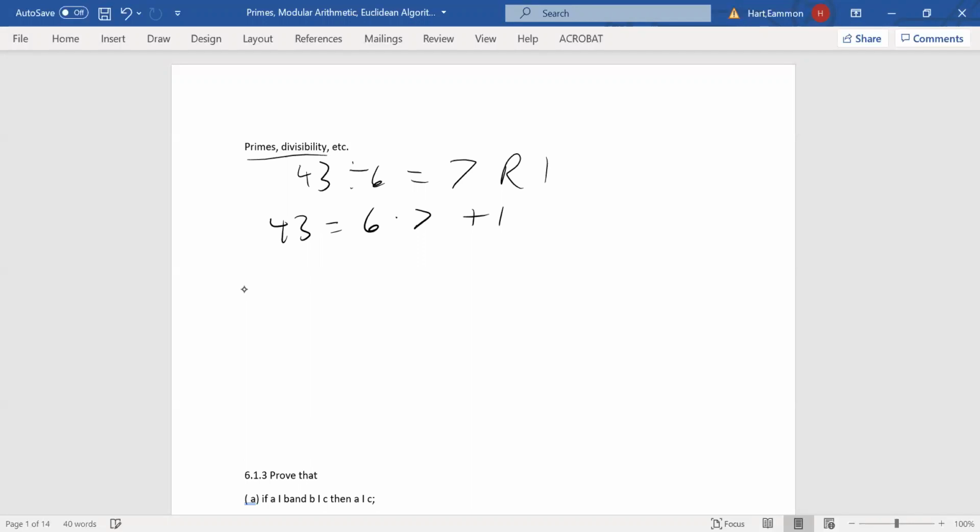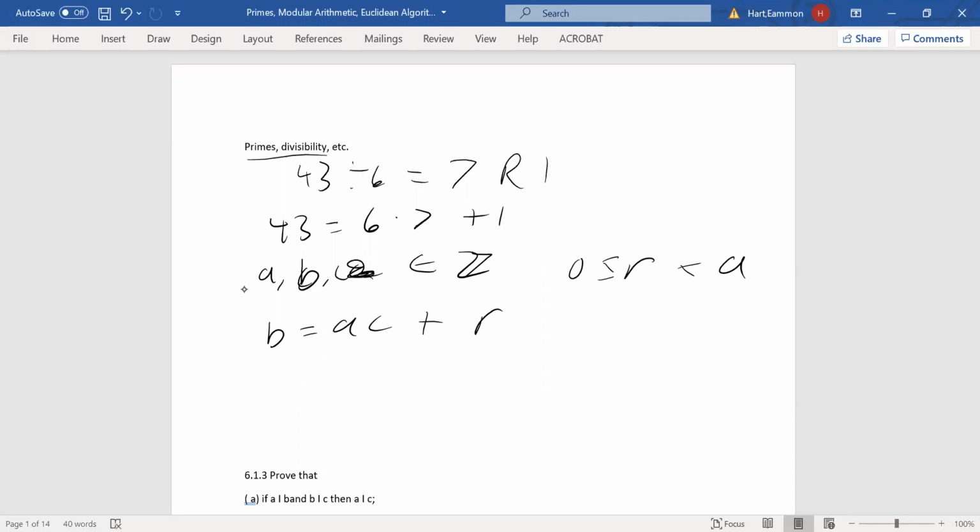A more general idea is if we have integers a, b, and c, then we can write b is equal to ac plus r, where r is between 0 and a.